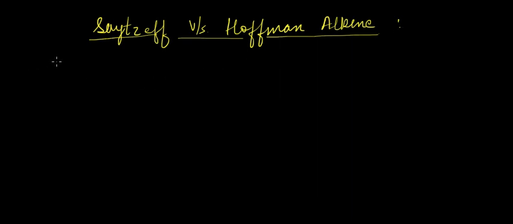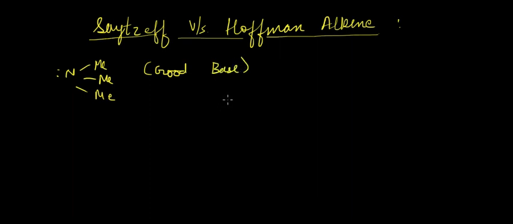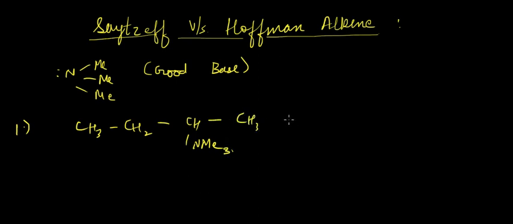Now we have NMe3 as a very good base. Now you must remember that if a substance is a very good base, then it would be a very weak leaving group. Okay, now having said that, let's take an example in which we have attached NMe3 to a compound, and we need to find the product when it reacts with EtO minus, and we are providing some heat to it.